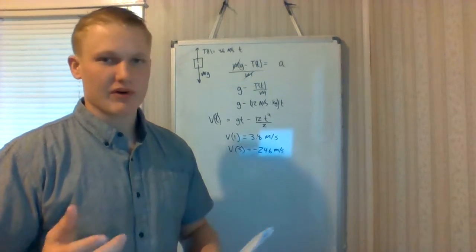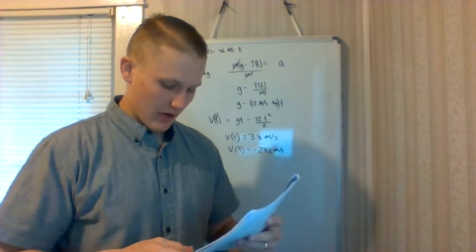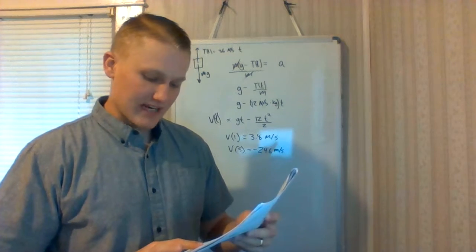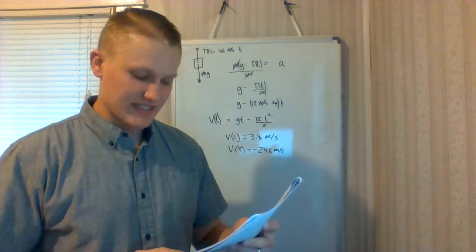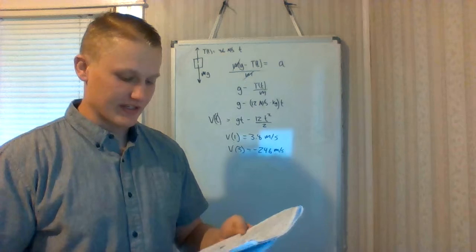So the next part of this problem is question B. It says, what is the maximum distance that the box descends below its initial position?